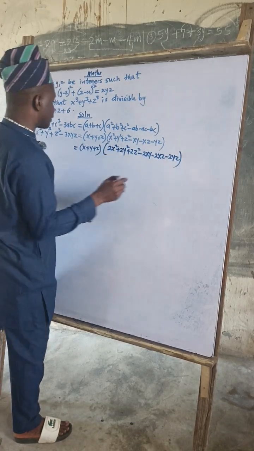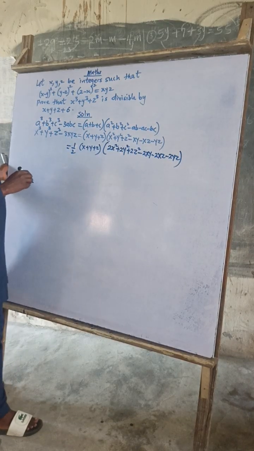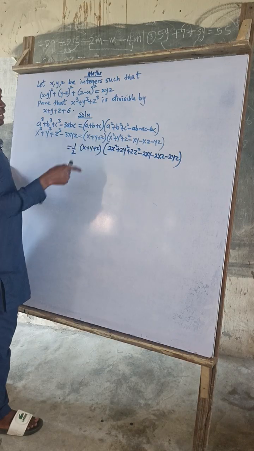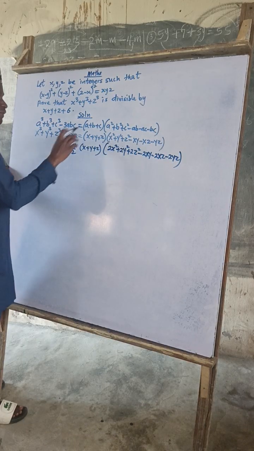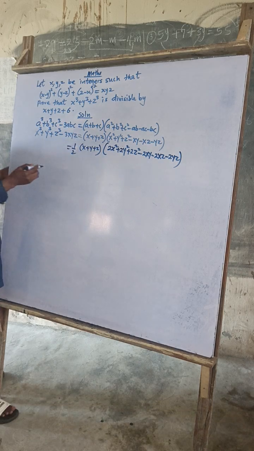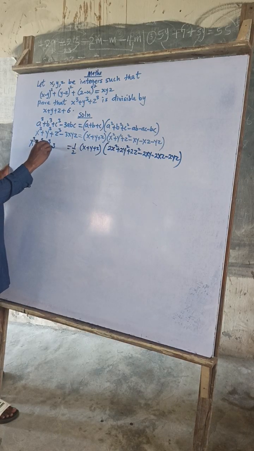That 2 that I used to multiply, I will also divide by 2. Because when I divide by 2 and also multiply by 2, it will remain the same; it will not change, since you are multiplying by 1. So nothing will change. Then we have x cubed plus y cubed plus c cubed minus 3xyc.